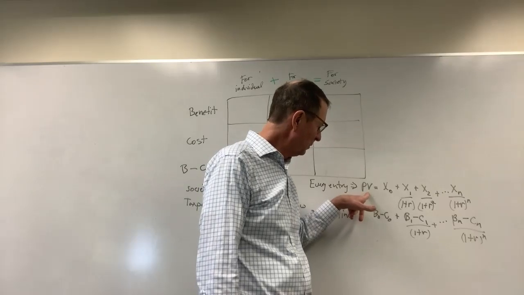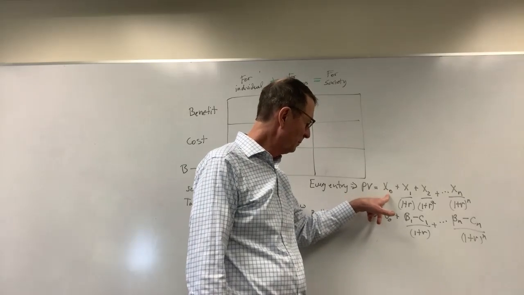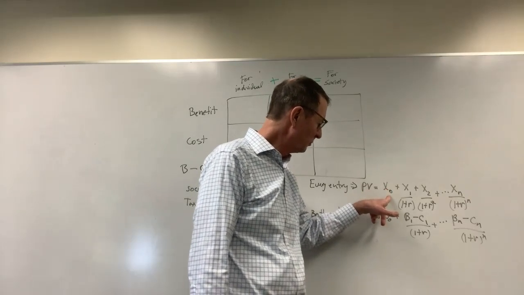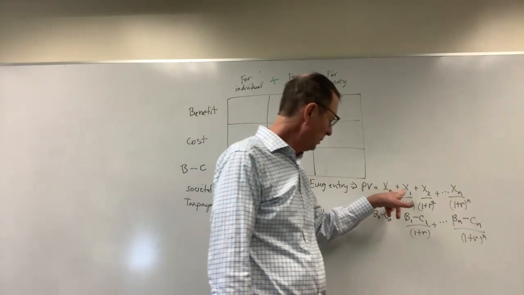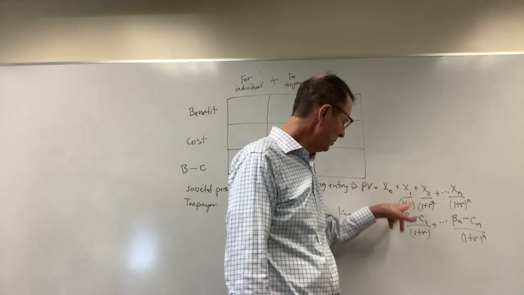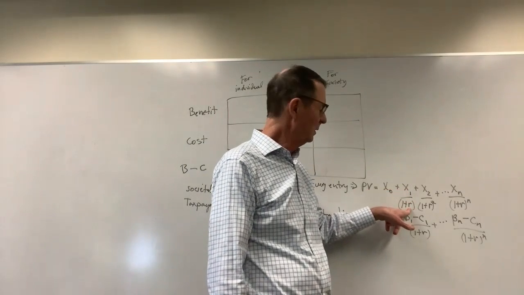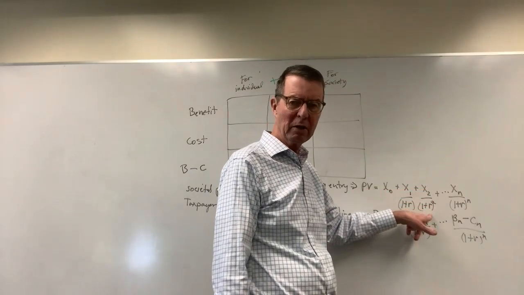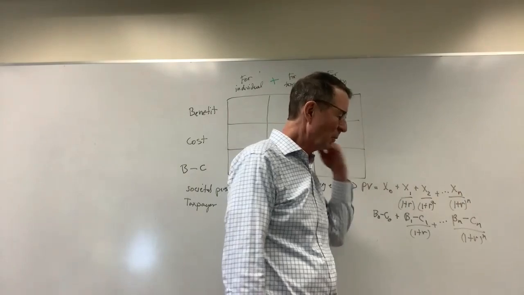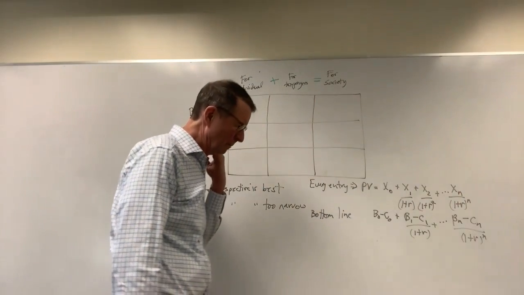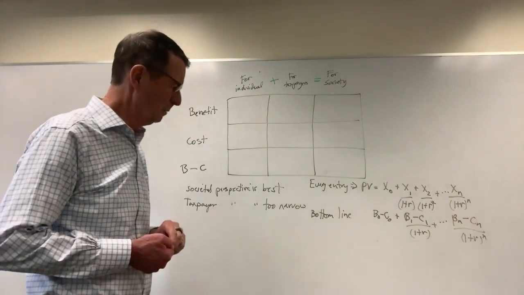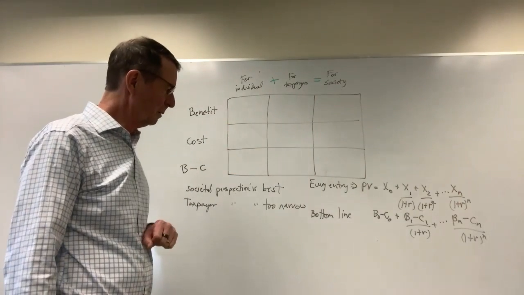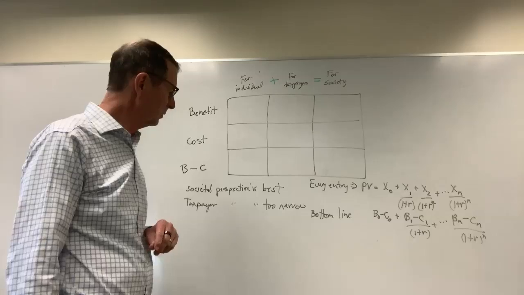But that present value is going to be whatever that cost or benefit was in the year in which the program started, plus the benefit or cost next year, discounted, plus the benefit or cost 2 years from now, discounted even more, all the way out to however many n periods of benefits and costs you have. So every cell ends up being this kind of present value calculation.